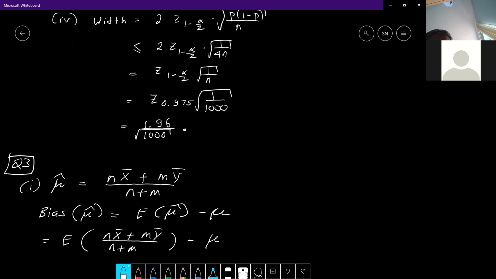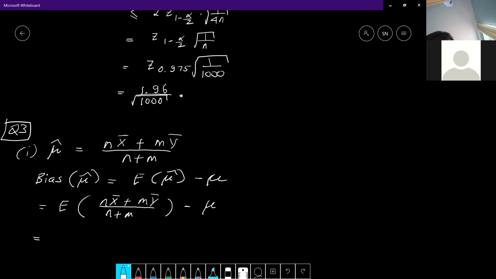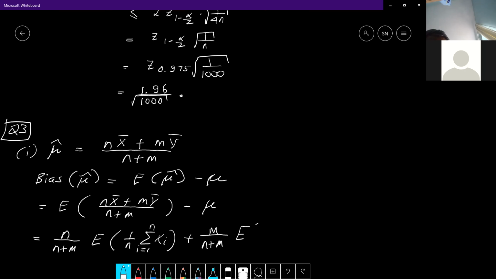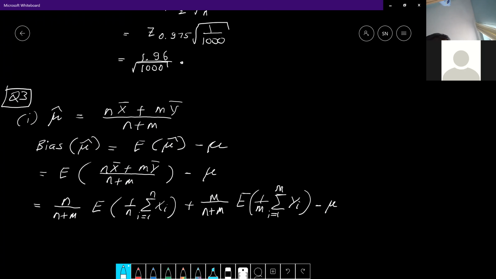So this is going to be n over n plus m times the expectation of 1 over n times the sum of xi, plus m over n plus m times the expectation of 1 over m times the sum of yi, minus mu.